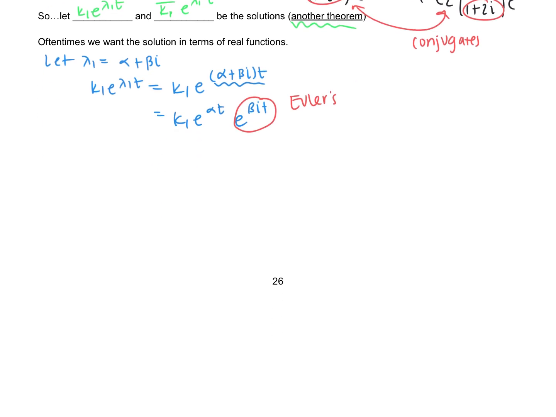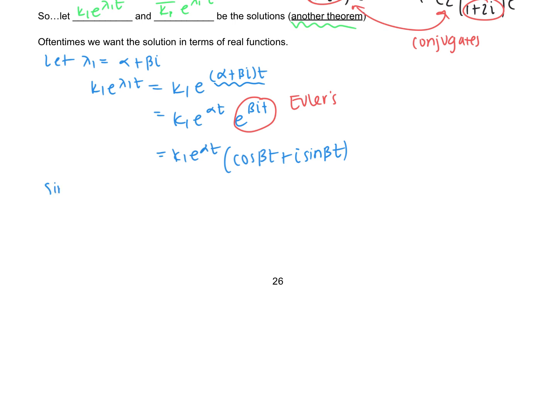And so we're going to do that again. So this becomes then k1 e to the alpha t, and we get cosine of beta t add i times sine of beta t. So that looks a little bit better.